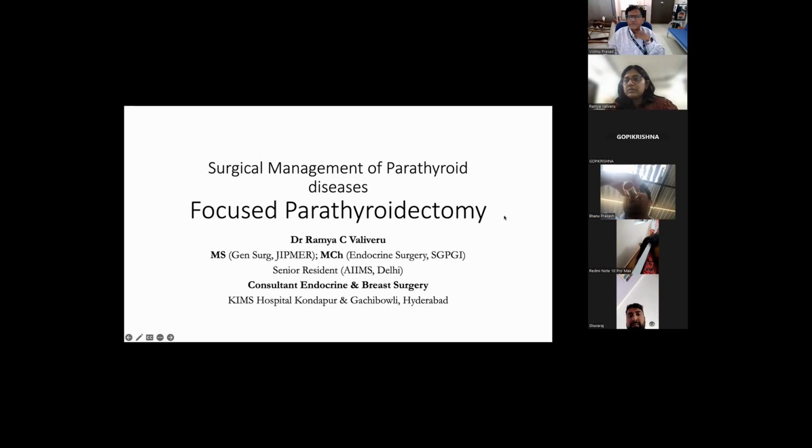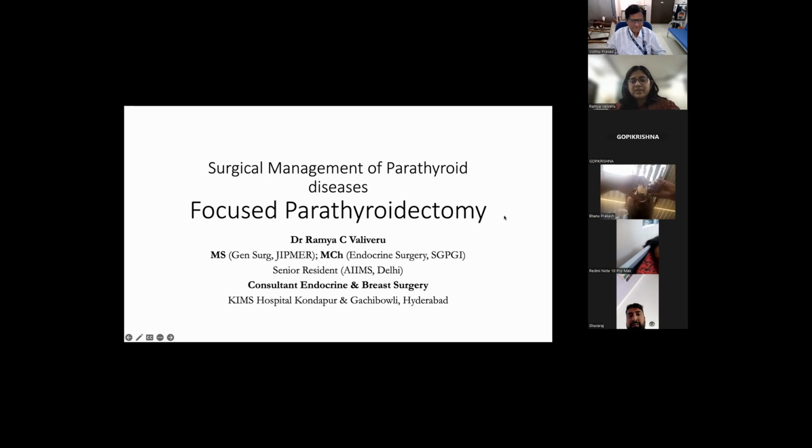One of the MCH candidates from AIMS is purely practicing thoracic surgery, VATS and robotic here in Hyderabad. Rajendra Prasad does a lot of thoracoscopic surgery. Earlier, Dr. Aravind Kumar used to do. Now he is at Medal.